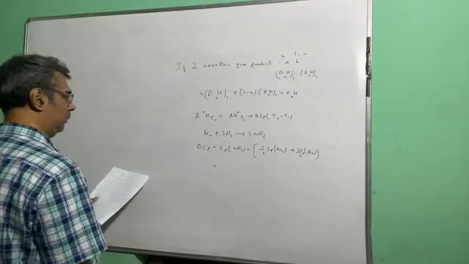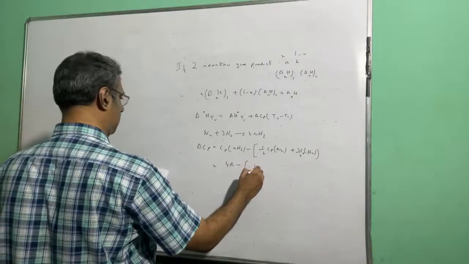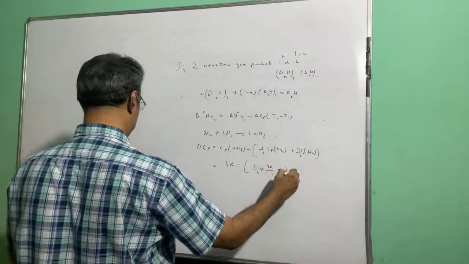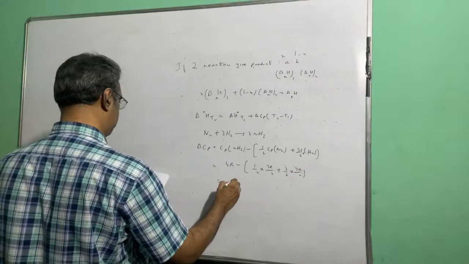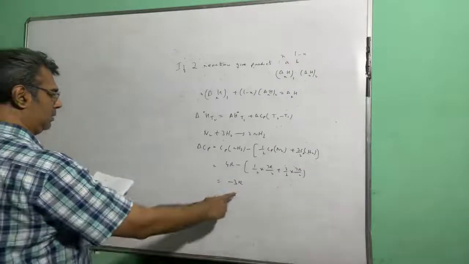Now ammonia is polyatomic, so Cp will be 4R. Nitrogen is diatomic, so 7R by 2. Hydrogen is diatomic, so 7R by 2. So after calculation it is coming to minus 3R. So delta Cp is minus 3R.